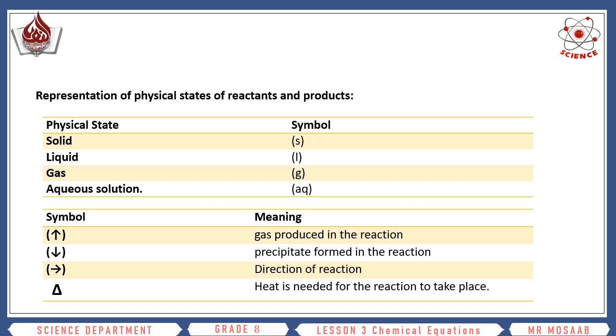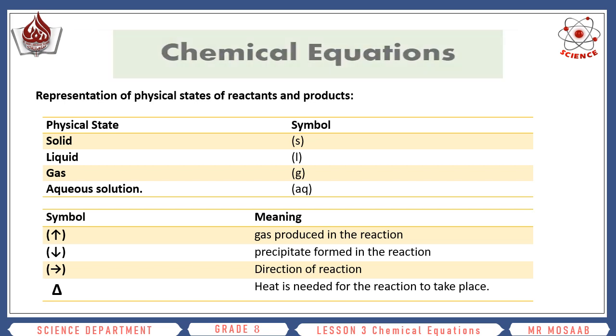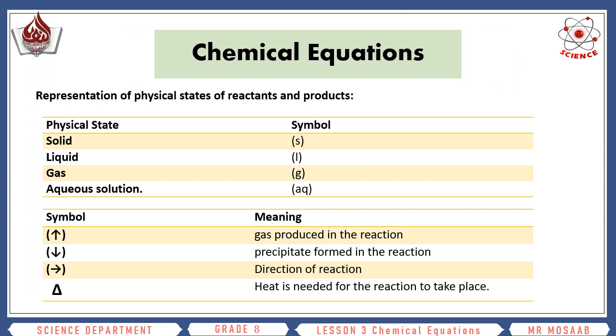How to represent the physical states of reactants and products. If it is a solid substance, we write s. If it is liquid, we write l. g for gas, aq for aqueous solution. Aqueous solution is like when salt dissolves in water, so it is a salt solution.